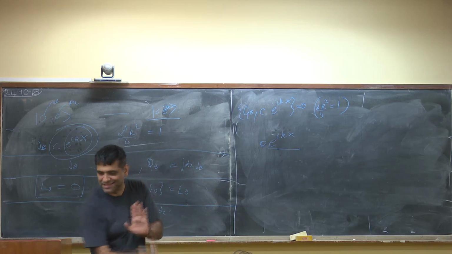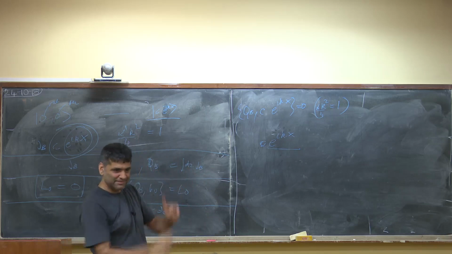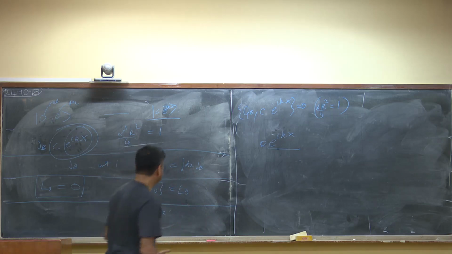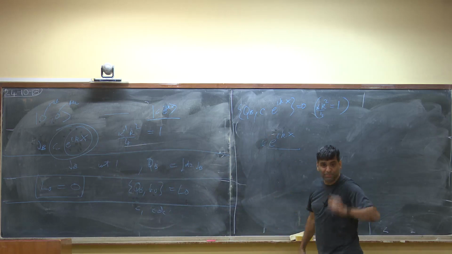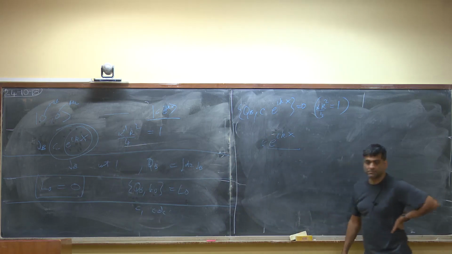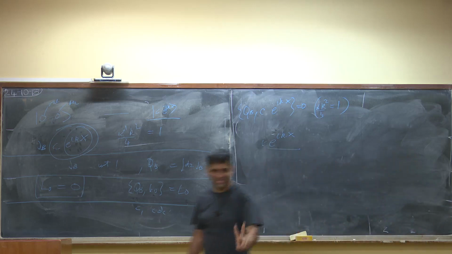Once you say that it has to have dimension -1, there are exactly two operators, C and C del C. B times B would be dimension 2, and C squared is 0. So exactly two operators of dimension -1.